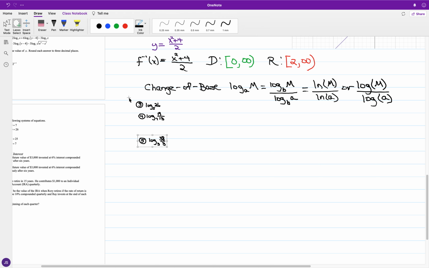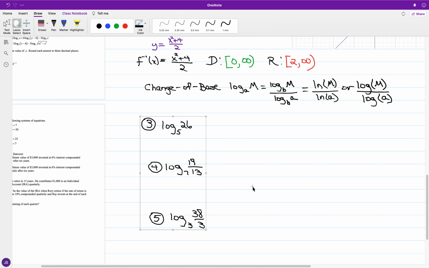Now for this problem set, we're looking at the base 5 logarithm of 26. Again, m is represented by 26 and a by 5. You can either use natural or base 10 logarithms; it's still going to be the same reduction.